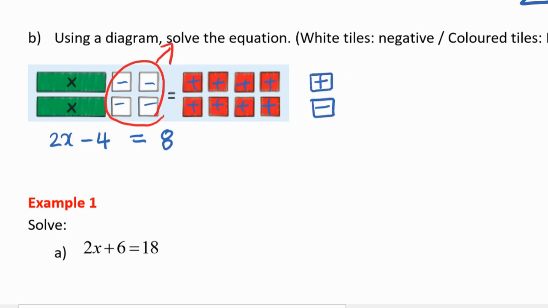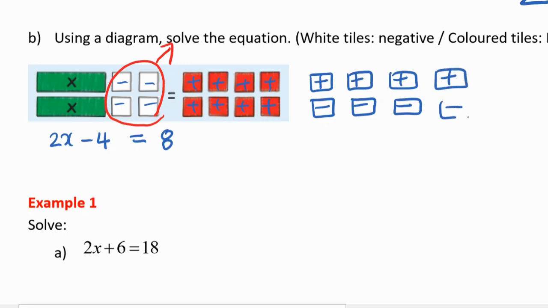So if you introduce 0 pairs, that is 0, right? This is 0 pairs. You have 4 positive and 4 negative. That does nothing. This is just 0, right? Okay, now I can take away 4 negatives from the right-hand side.